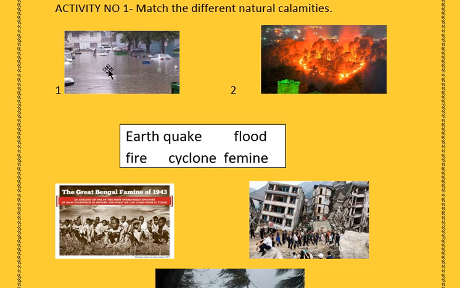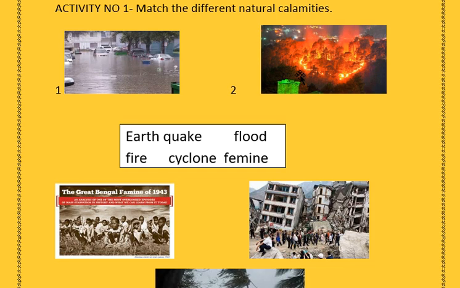Flood comes when it rains too much and there is no water management system in the cities or in the river areas. Now, the second one is the fire, especially the forest fire, where it happens due to the rubbing of the leaves and hot atmosphere.